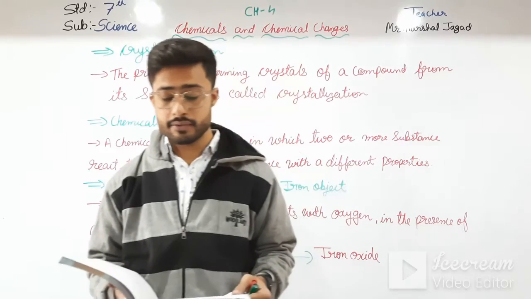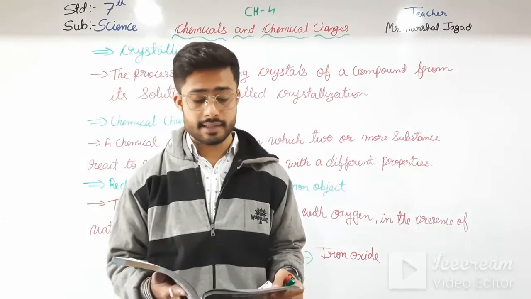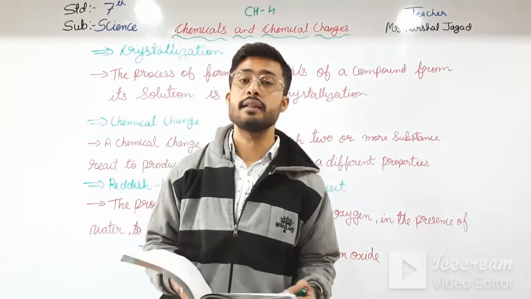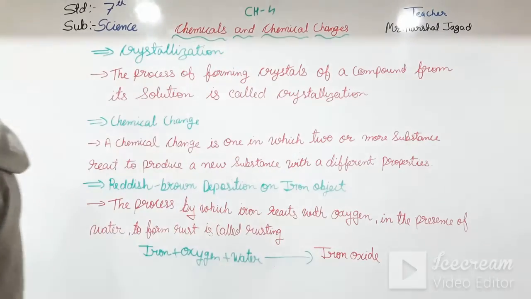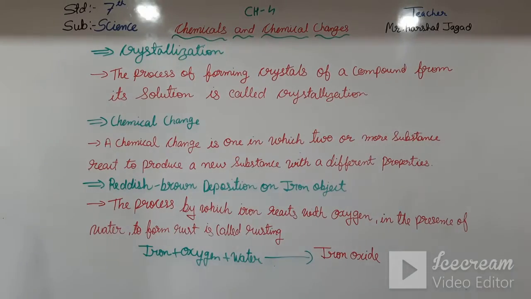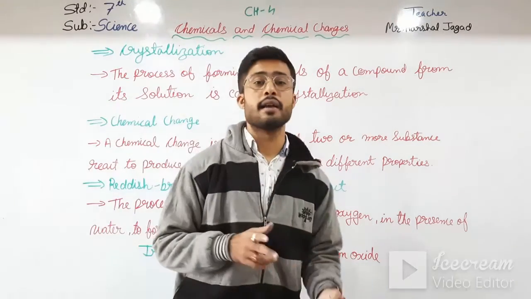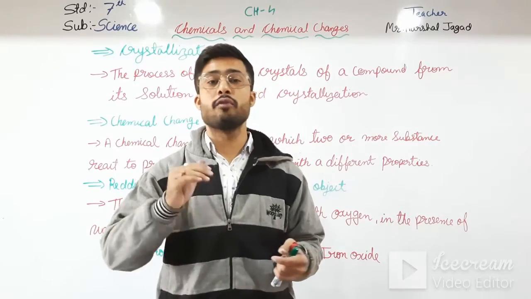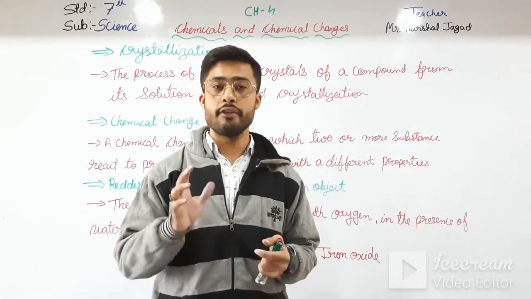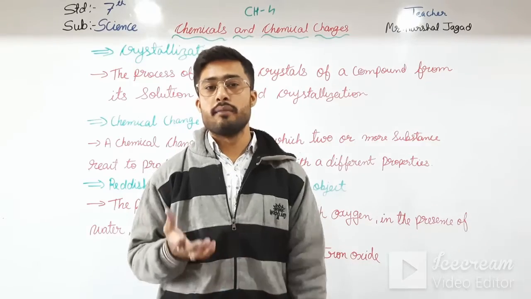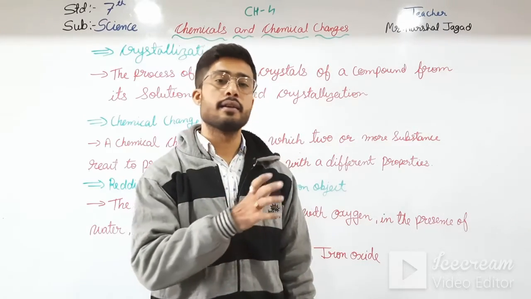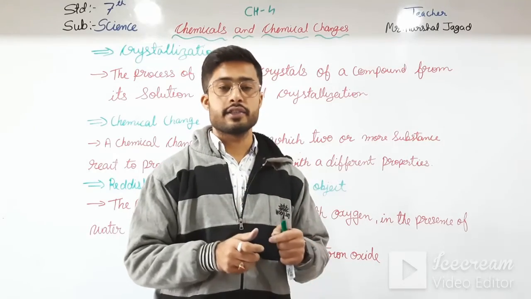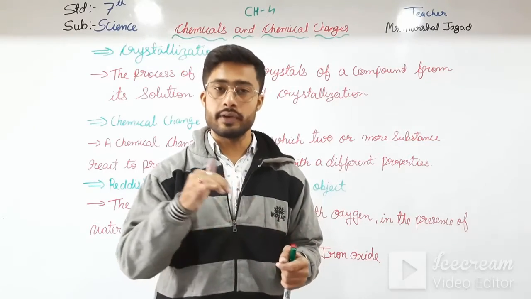Browning can be reduced or slowed down by soaking cut vegetables and fruits in water, due to the low solubility of oxygen in water. Here, everyone has seen that the mother cuts potatoes directly into the water. Why? Have you seen this? When our mother is making a sabji of potato, she directly cuts the potato into the water.